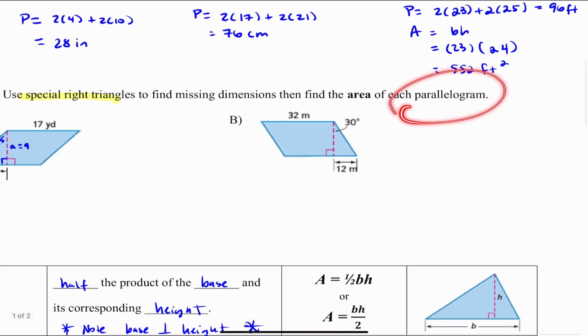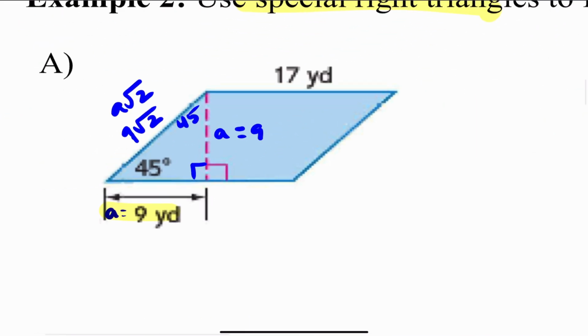We can assume so because it says right here. And since it's a parallelogram, remember, opposite sides are congruent. So if this side here is 17, that means that this side here is 17. And if this side here is 9 root 2, then that side is also 9 root 2.